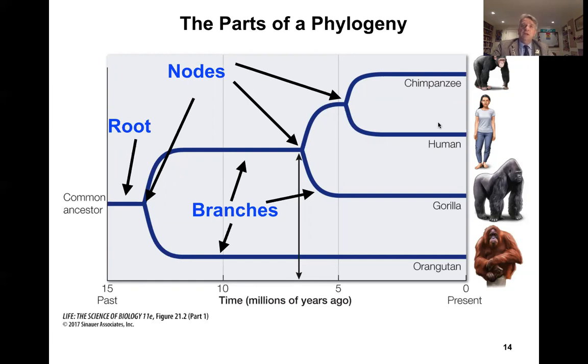Now, this phylogeny is drawn where the branches correspond to the estimated timing of divergence among these lineages. Here on the x-axis, this is shown in time in terms of millions of years ago. So the way you would read this phylogeny is that the chimpanzee and human share common ancestry at a time of approximately 5 million years ago.